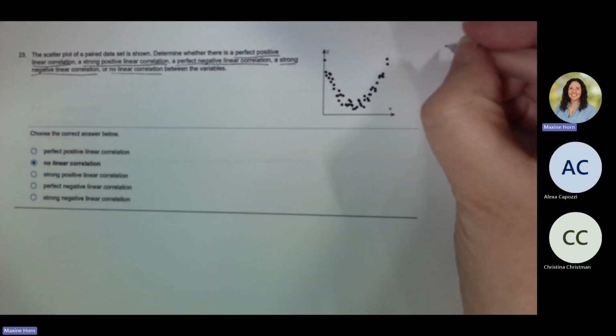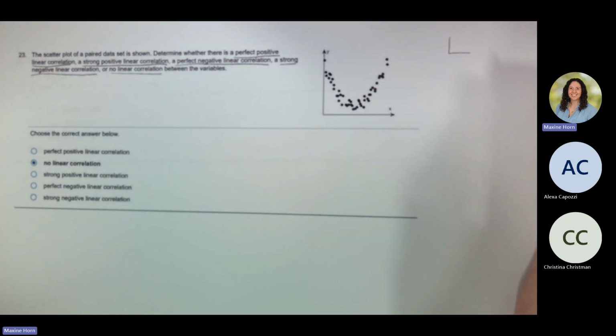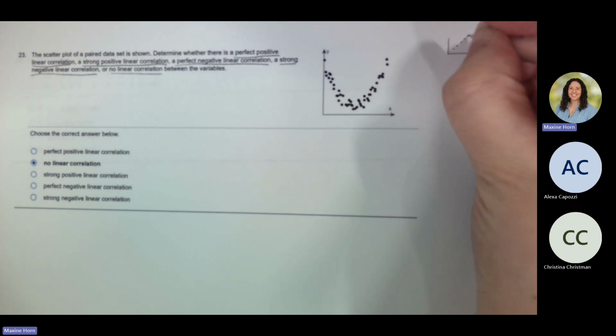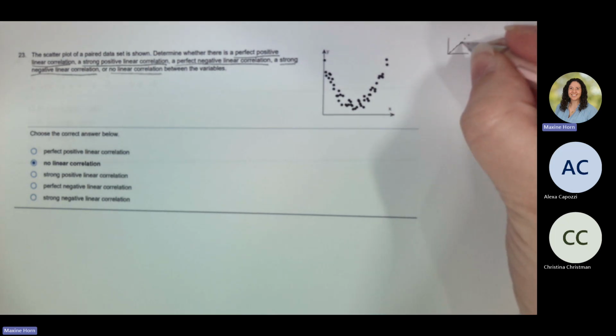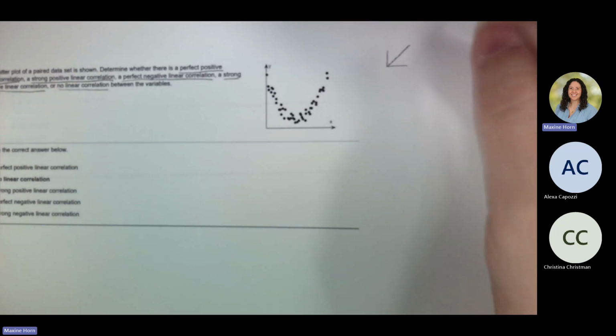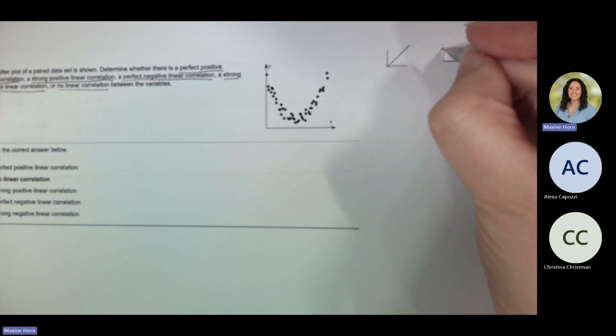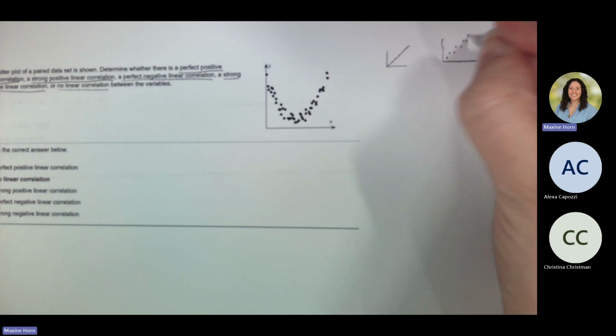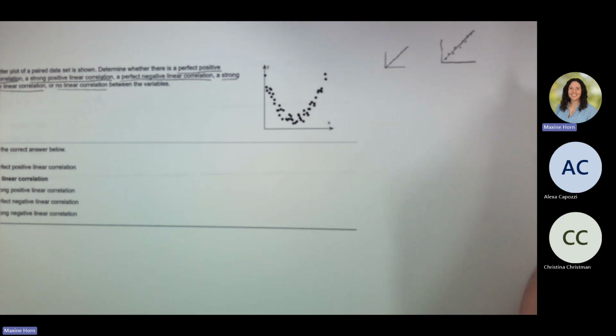So if I have a perfect positive linear correlation, it means that every dot is exactly along the line of best fit, right? If I have a strong positive correlation, then they're not exact, but they're really close, right? So something like that.